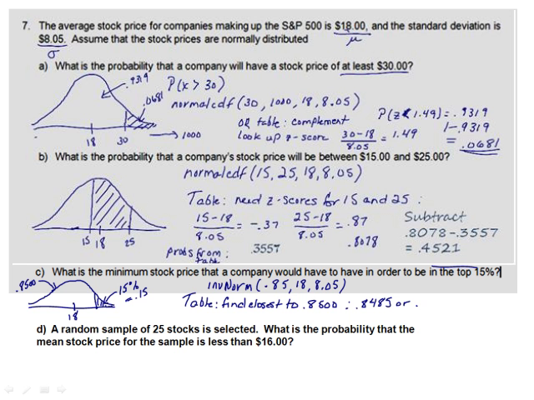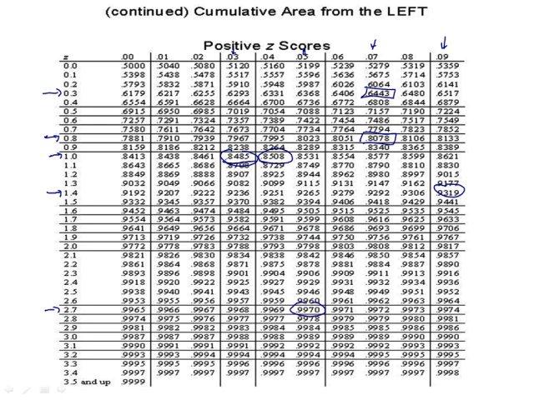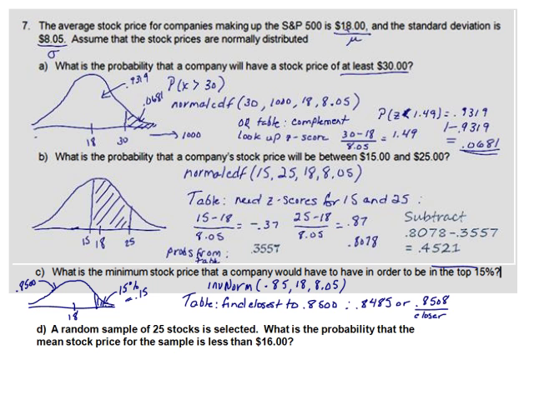So we want to choose between one of those two, and we just want to choose the one that is the closest to 0.8500, which would be the 0.8508. Now going back to the table, the z-score that corresponded to that would be 1.04.